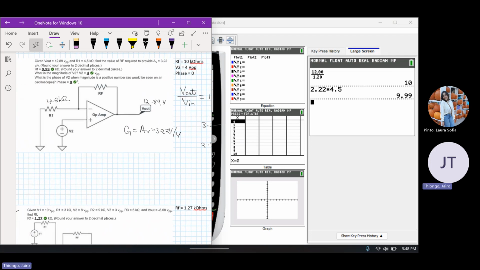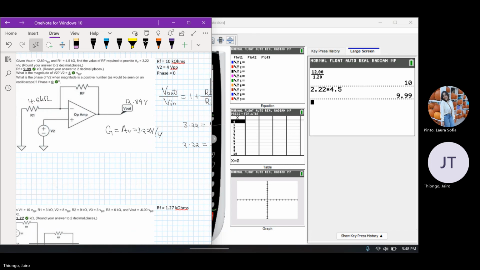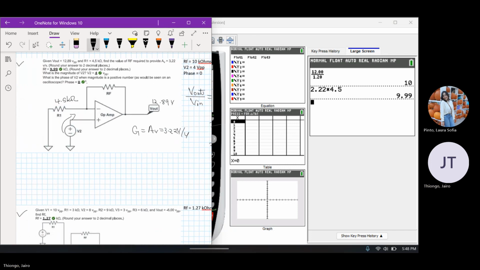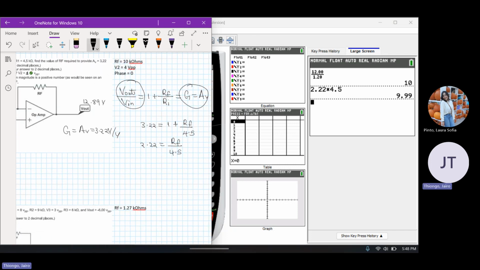We are also asked to find V2. V2 is our input. You can get that from this formula: V out over Vn equals the AV.